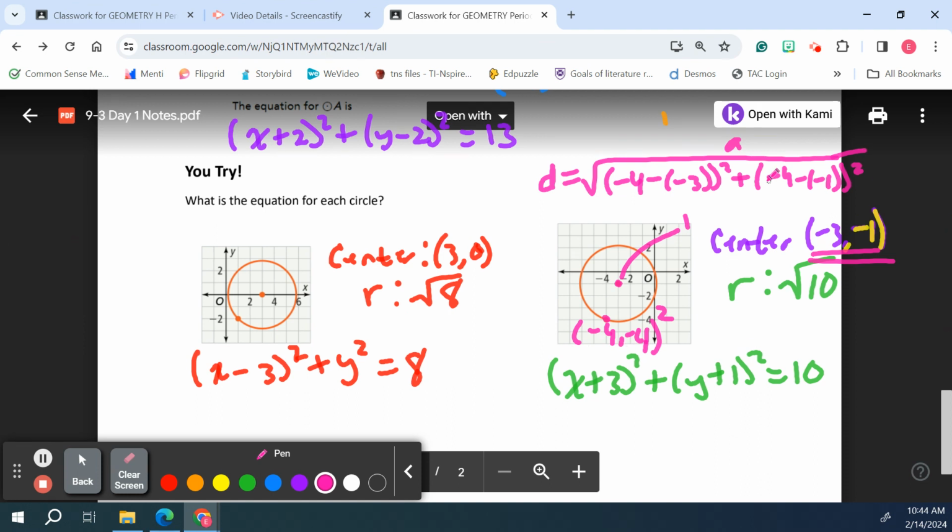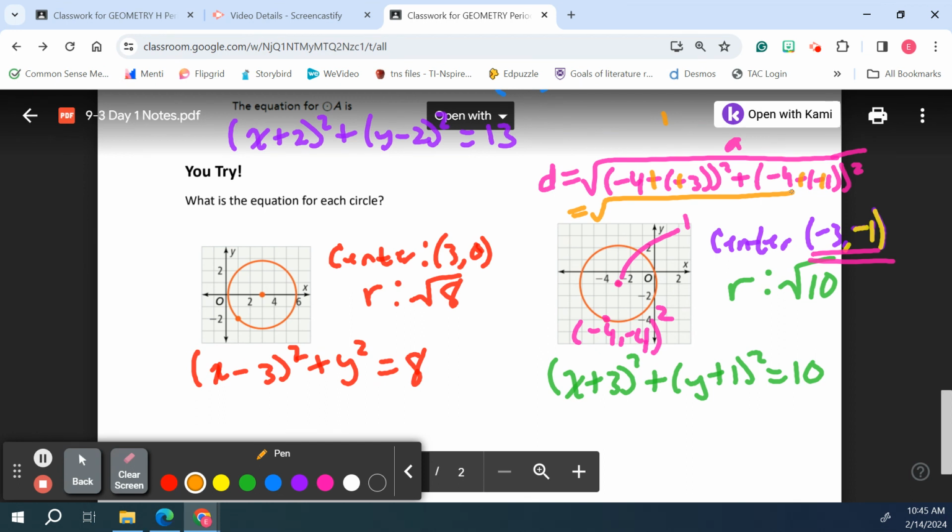So I used this and this to get this, and then this and this to get this. After that, you need to simplify. These become positive. So this is going to be, looks like we're a little bit out of space.